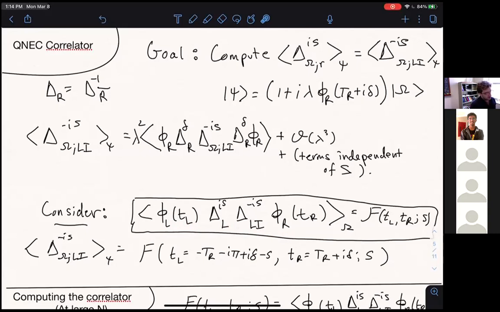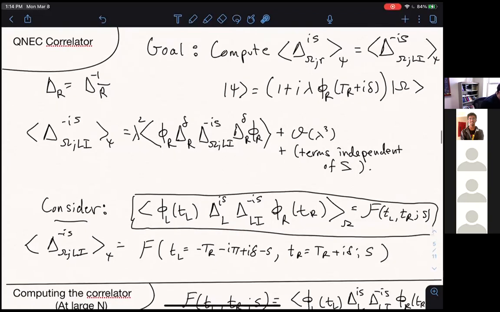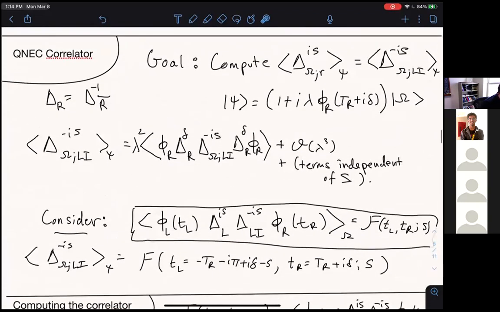And it has an interesting interpretation, which I will get to, in terms of scattering this excitation phi right off of a shock, which appears in the bulk due to this modular evolution. Okay, so now we want to compute this thing. In general, this correlation function is hard to compute. The reason is that Li, the modular flow of Li, is just not geometric in any way.